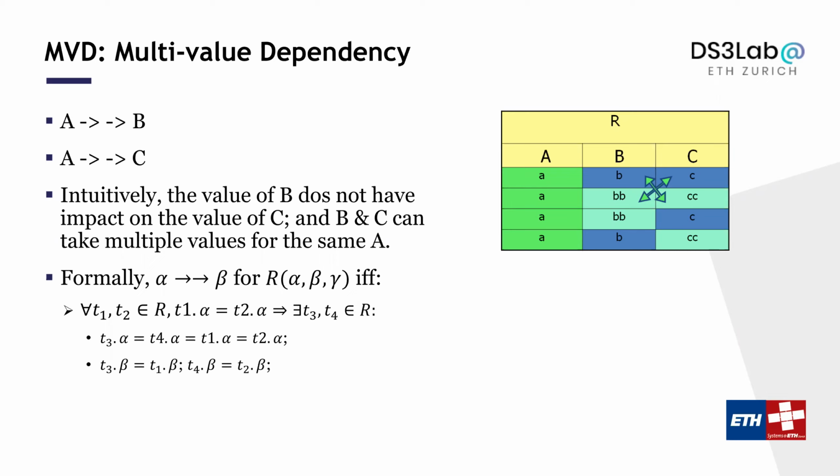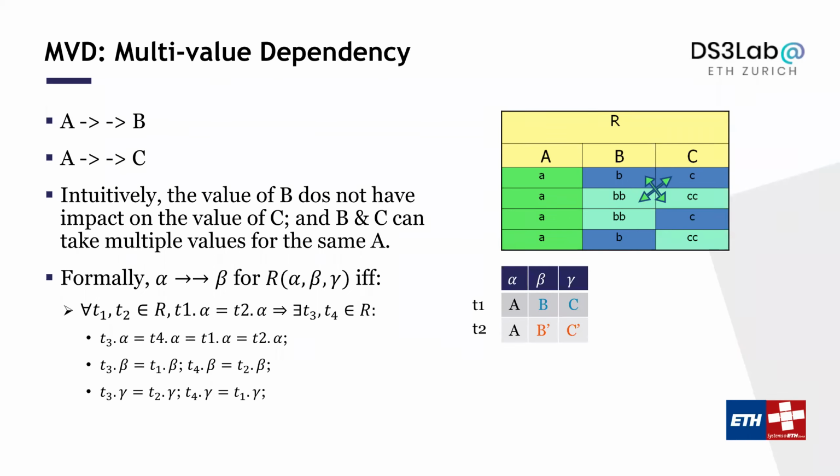On the other hand, T3 matches T1's beta, T4 matches T2's beta, T3 matches T2's gamma, and T4 matches T1's gamma. That is, you can exchange them independently. If this is true for any pair of T1 and T2 in R, then we say there's an MVD from alpha to beta.